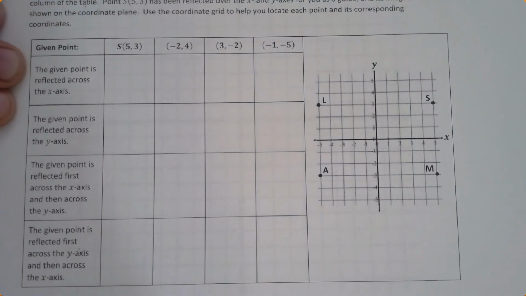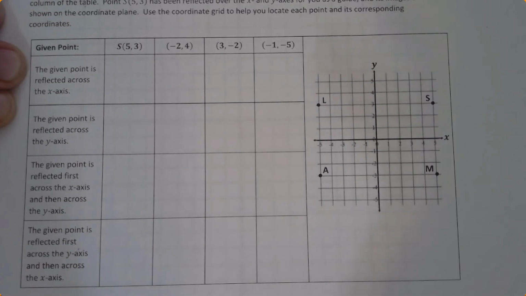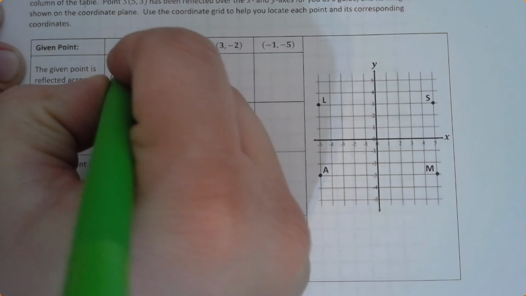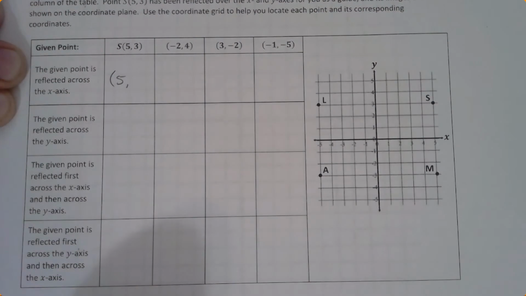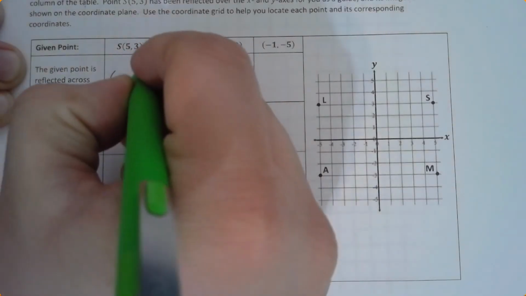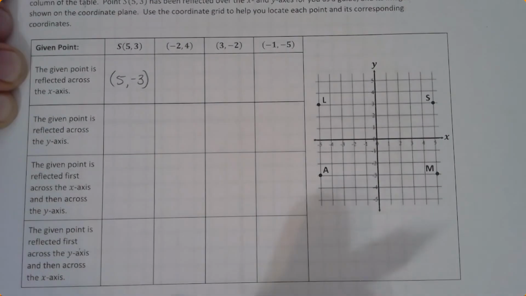Now, if it's reflected across the x-axis, remember what I told you, the x values remain identical. So the first value is going to be 5. The second value, the y value, becomes the opposite. So the opposite of a positive 3 is going to be a negative 3. All right? And we continue on.